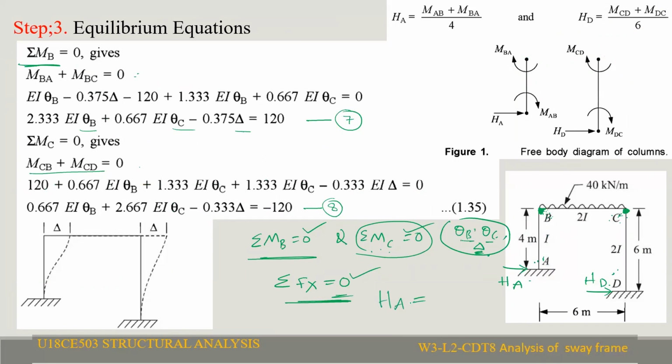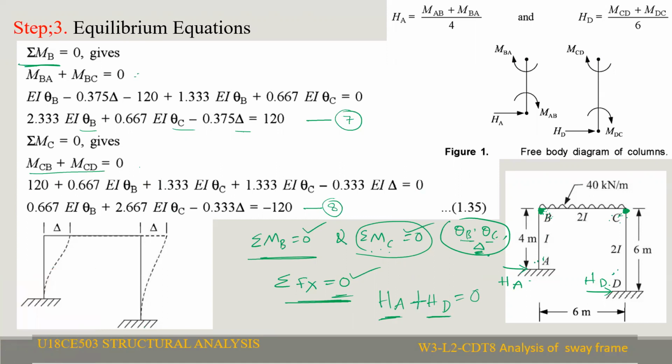HA is unknown and HD is also unknown. How do we calculate HA and HD? For the calculation of HA and HD, we need to draw the free body diagram.